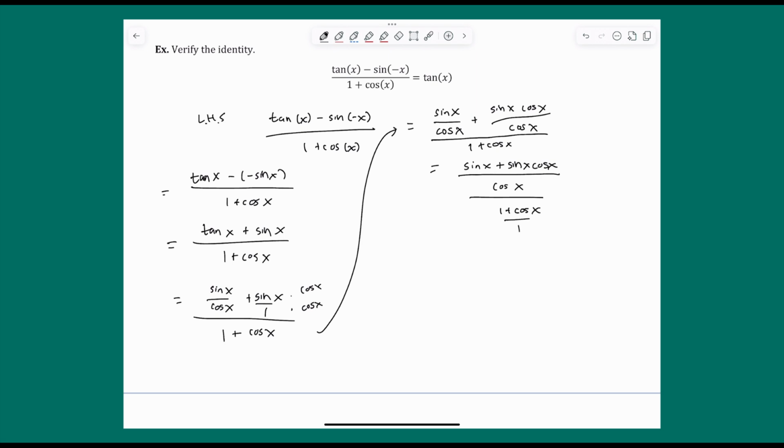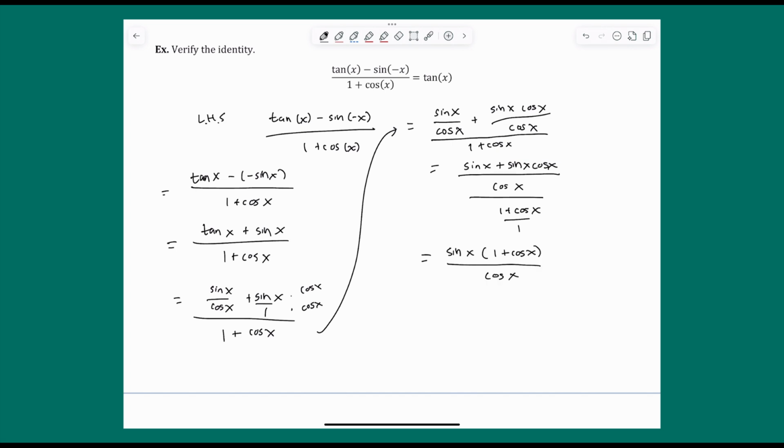All right, so I'm going to think of this as a fraction here. So then I'm left with the first fraction here. And then notice that the numerator has a sine of x in common, so I'm going to factor that out, which leaves me behind 1 plus cosine of x all over cosine of x.